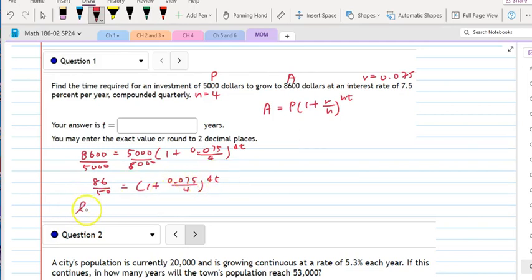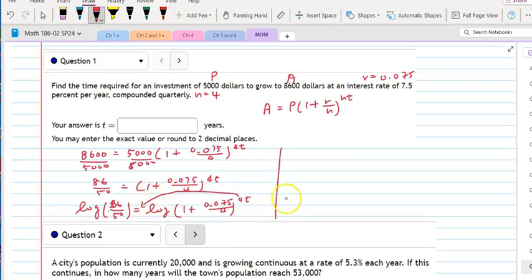Just like before, we will take the log: log of 86 over 50 equals log of the whole thing, (1 + 0.075 over 4) to the 4t. The 4t is now inside the log, so it can move out.